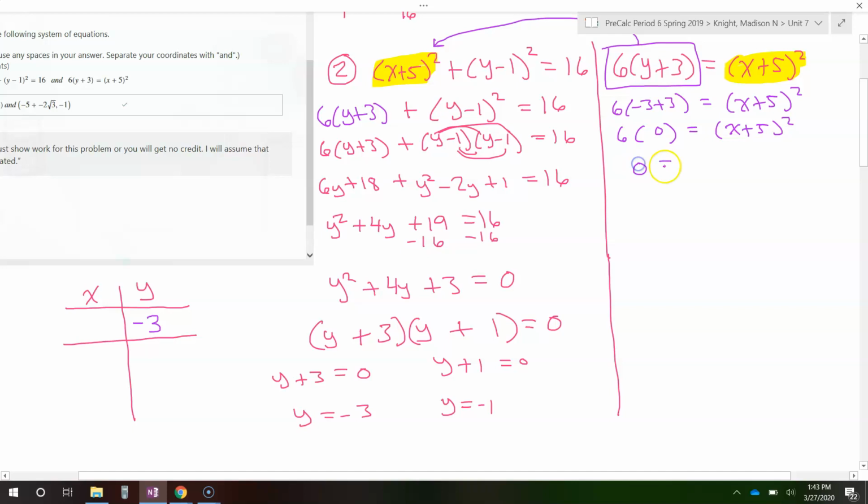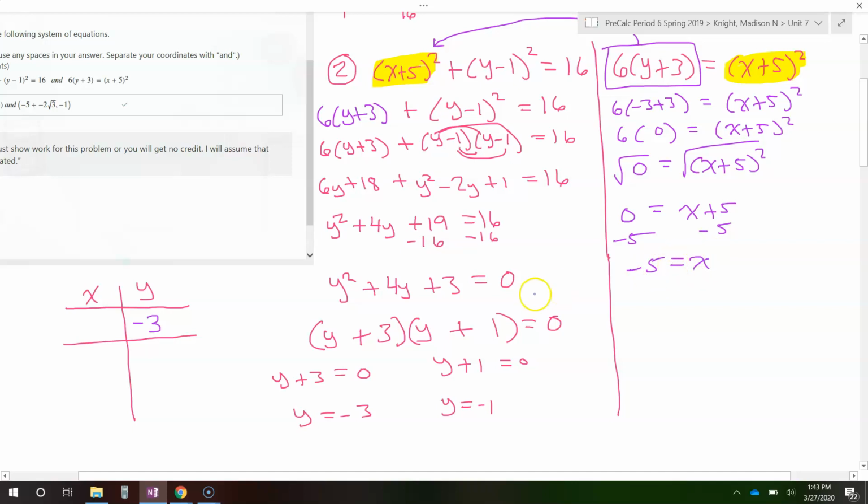So 0 is equal to x plus 5 squared. If I take the square root of both sides, that gives me 0 is equal to x plus 5. Then if I subtract 5 from both sides, I have negative 5 equals x.